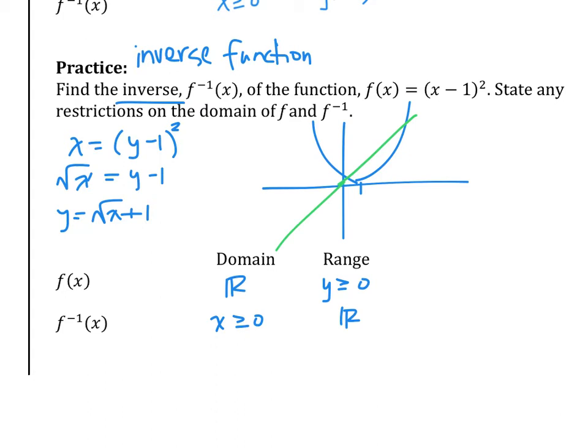Now when you square root, remember you have a plus minus. So the final inverse is y equals plus minus square root x, plus 1. If you remember, it's basically the square root graph but moved up 1.